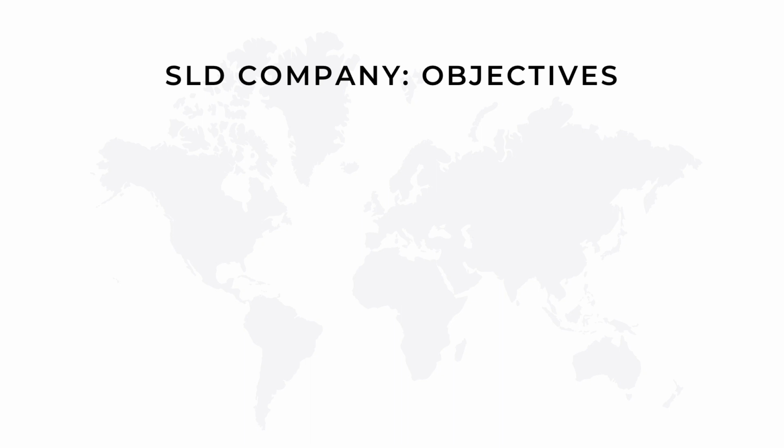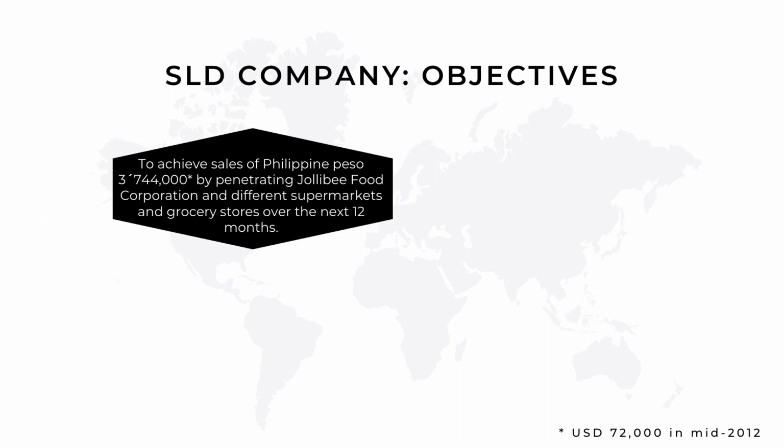SLD's objectives are to achieve sales of Filipino peso 3,744,000 by penetrating Jollibee Food Corporation and different supermarkets and grocery stores over the next 12 months. This objective was set based on potential market demand from charcoal users, including restaurants, fast food stores, offering grilled products and high-end and no-brand diners.